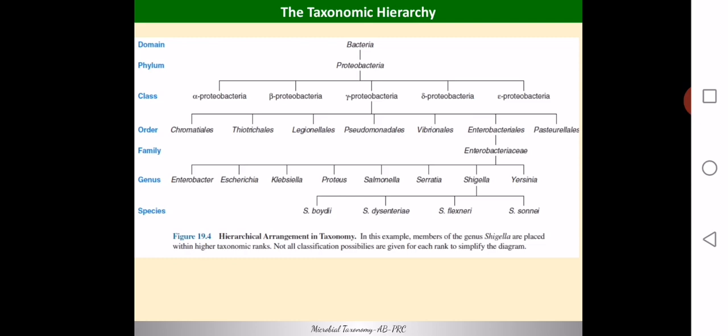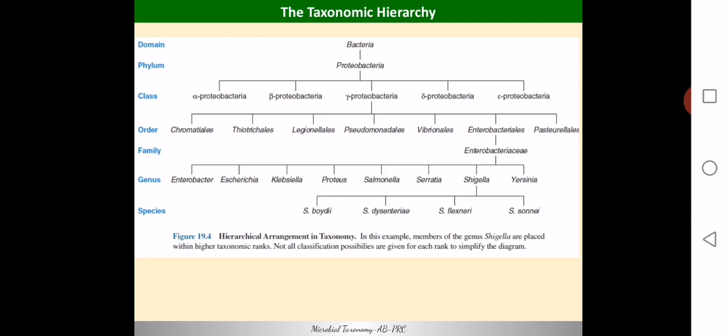You can take a lot of examples in this slide itself. When you take an example like Shigella flexneri or Shigella dysenteriae, this is a species. In Shigella dysenteriae, Shigella is the genus name and dysenteriae is the species name.